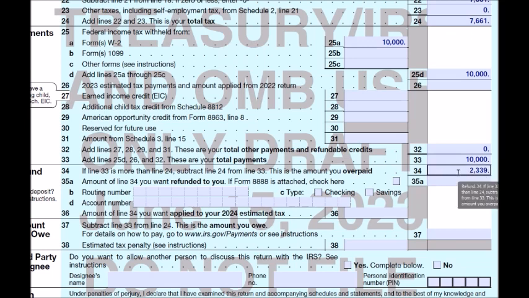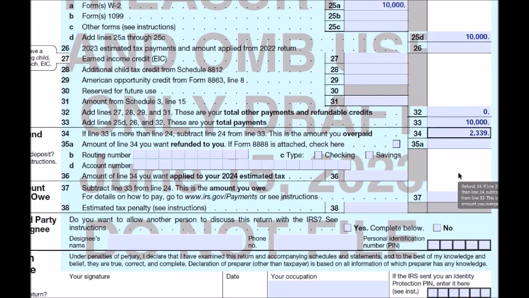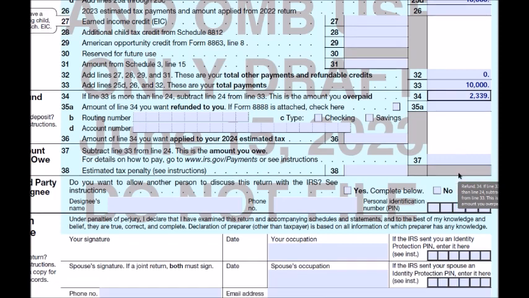So the refund is $2,339. And that's how we would complete the tax form for this particular single filer.